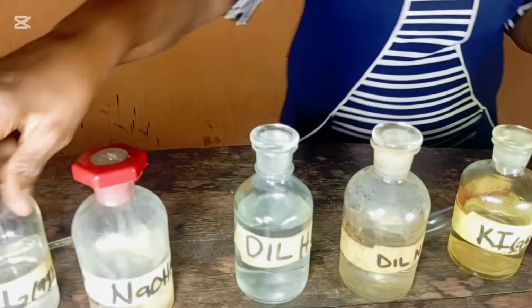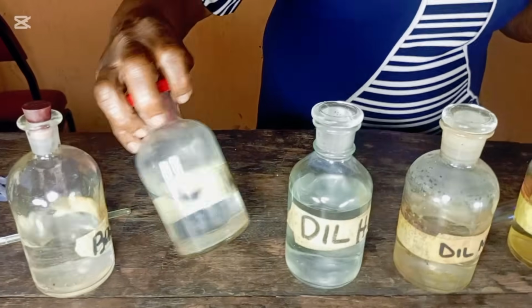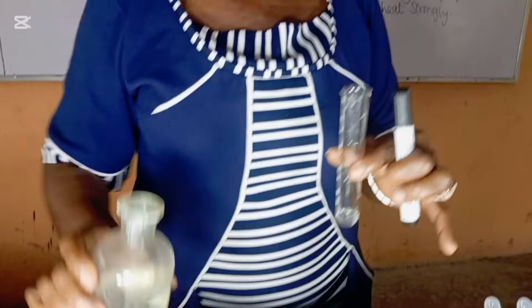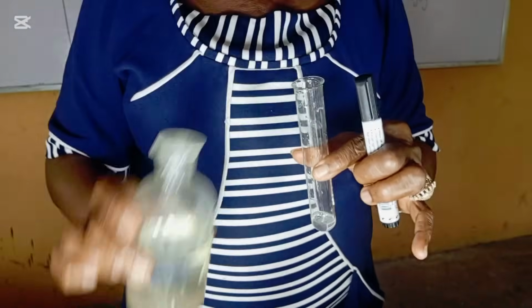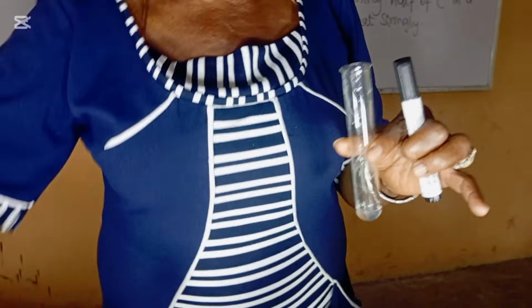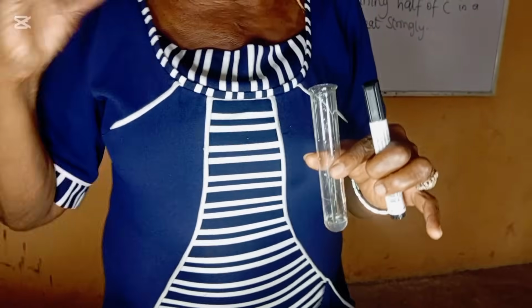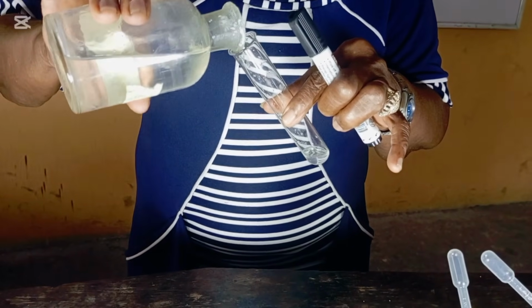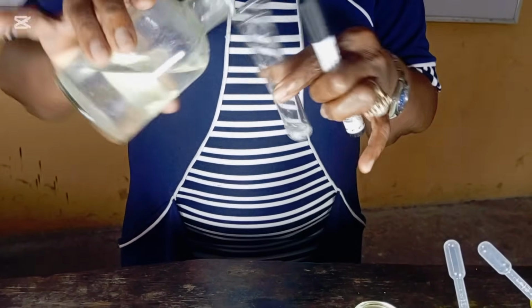I'm asked to add the sodium hydroxide in drops, then in what? Excess. So I'll now add sodium hydroxide in drops. You might not necessarily start using a dropper. You can estimate, but make sure you don't over add. They say you should add it in what? Drops. So you do that.